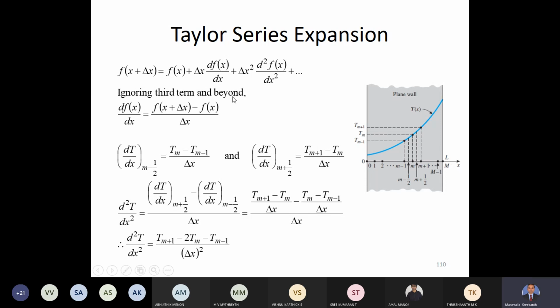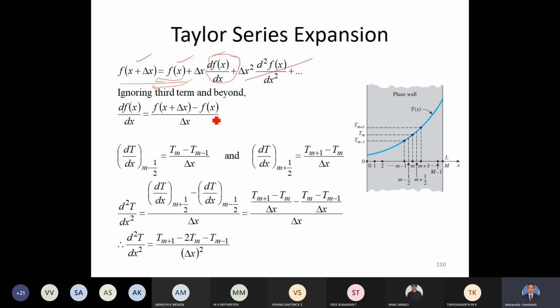So if we ignore the third term, what happens? This one we are ignoring. So what remains is this one, and this term. From these terms, I will try to isolate df(x) by dx. So you see df(x) by dx is equal to f of x plus delta x minus f of x divided by delta x.